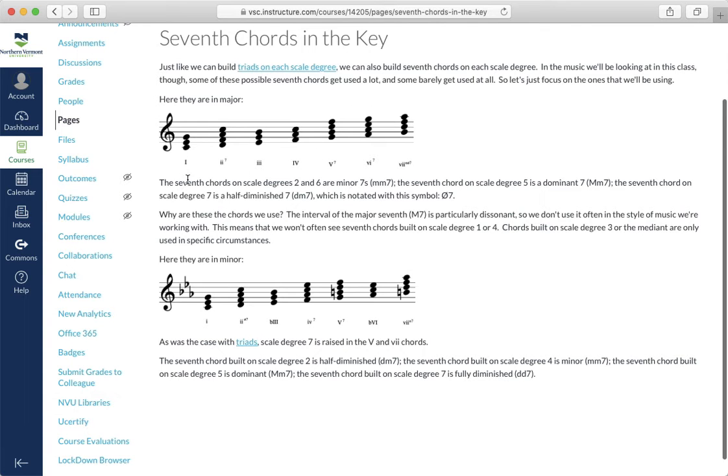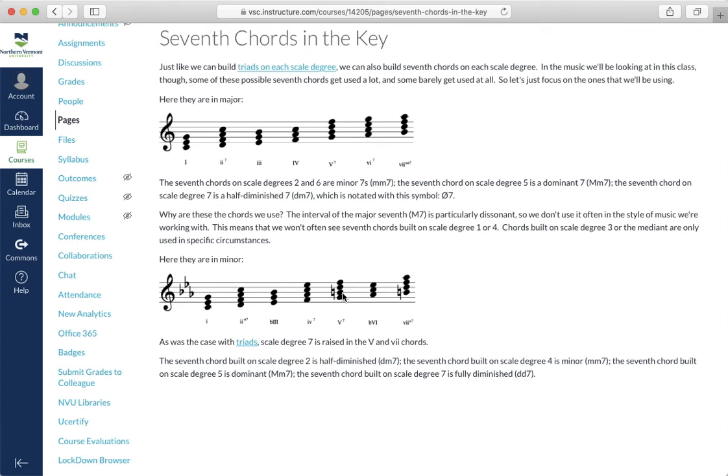In the music that we're listening to and looking at in class, we're never going to deal with a piece that has a seventh on the tonic chord, so I don't even bring that up here. We're going to have a lot of 5/7s, some 2/7s, some 6/7s, some 7/7s, the 4/7 in minor. But I'm not interested in talking about things that we're not going to be using.